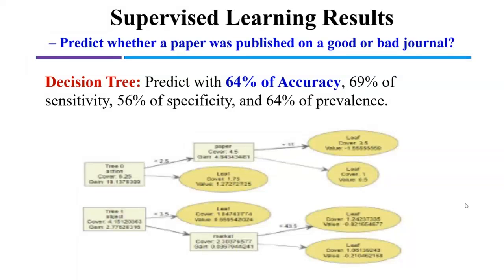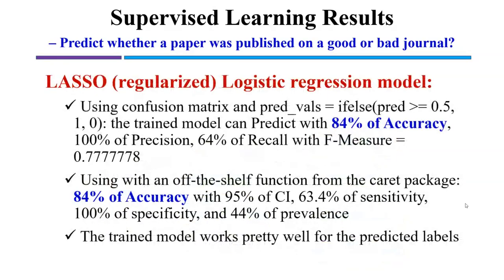Will that paper be published in a top journal, a medium level journal, or a low quality journal? So, the accuracy rate for the decision tree: it does make a faster decision, but the accuracy rate is really low. So at least through these outcomes, we can conclude that the Lasso logistic regression model is better for us.